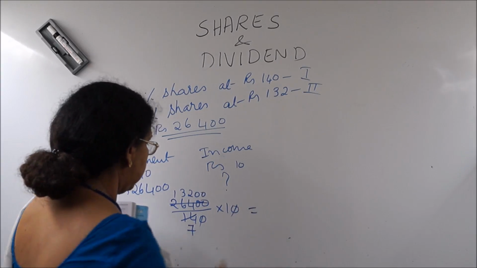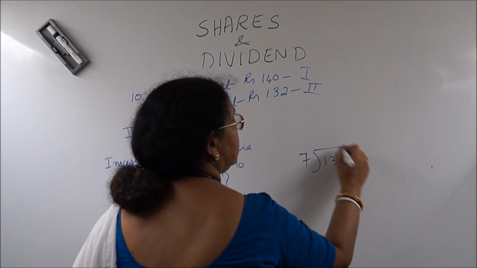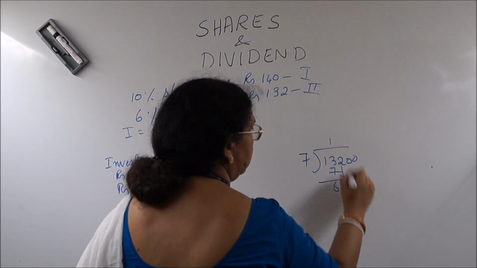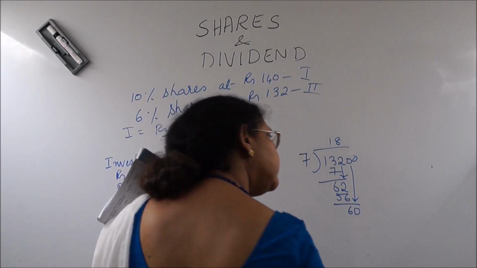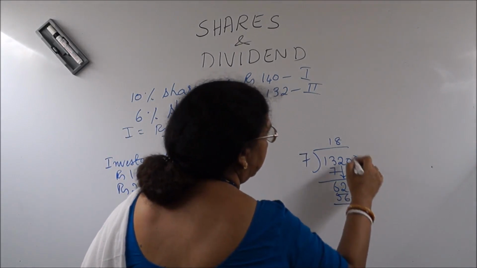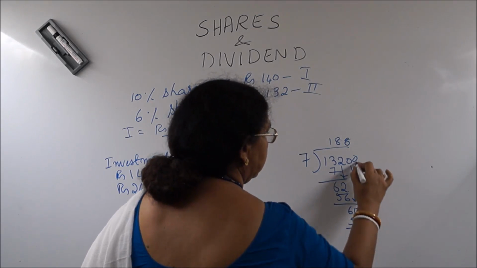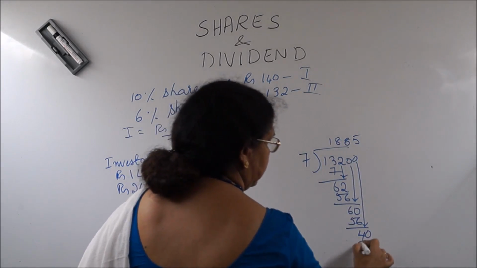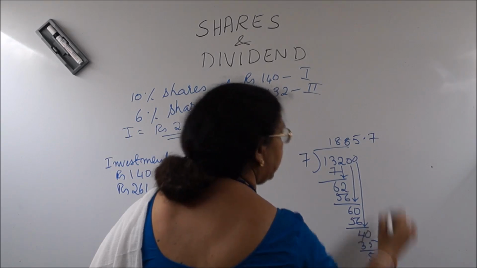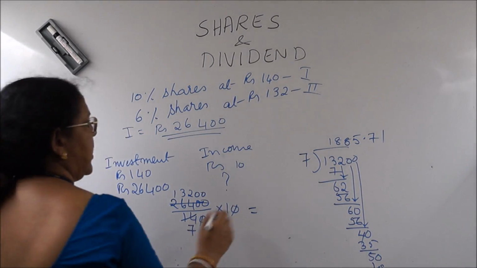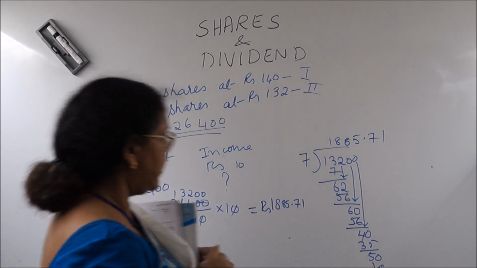Let us see what it is in decimal form. 7 ones are 7, 7 eights are 56, and so on. So the earning is rupees 1885.71. Okay, now let us keep it aside.